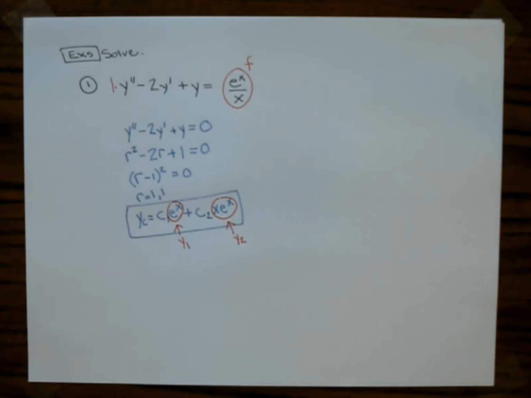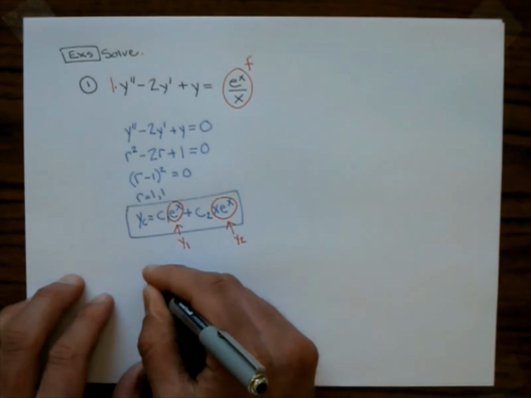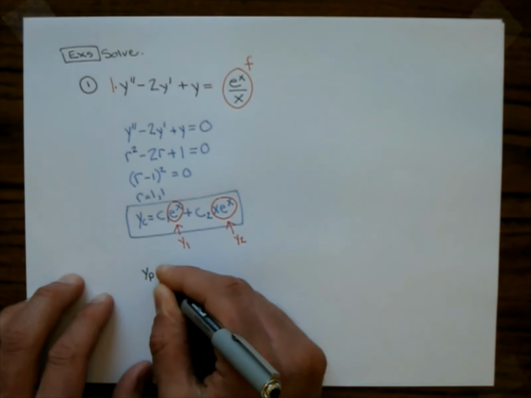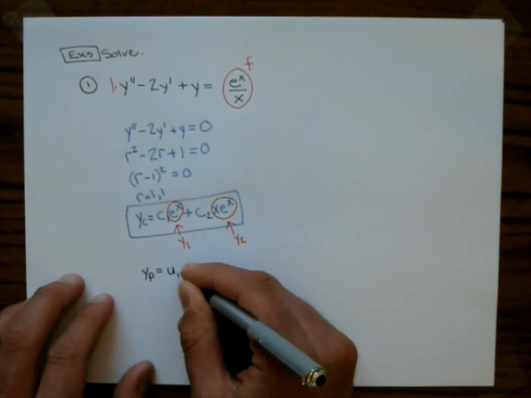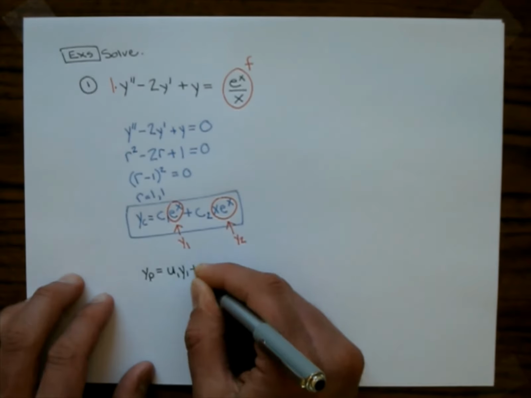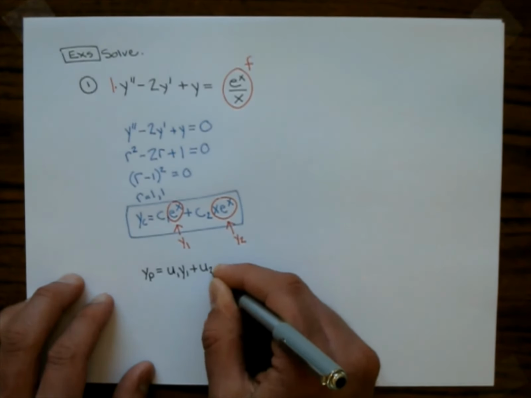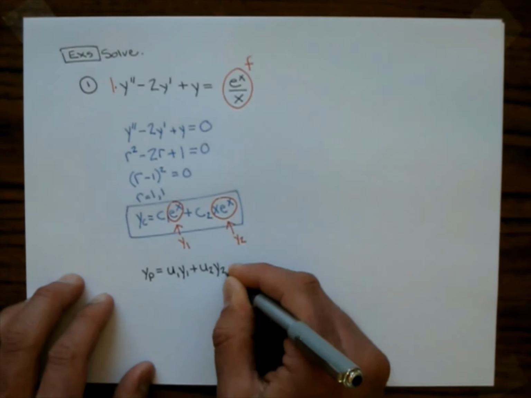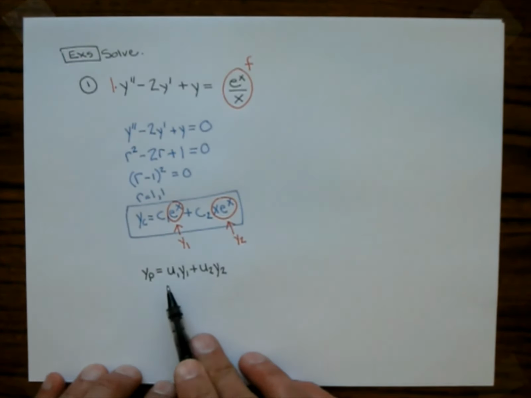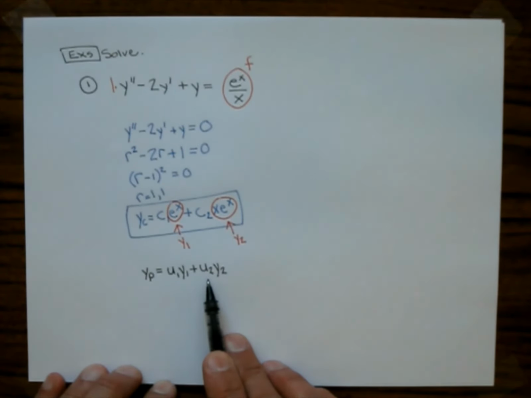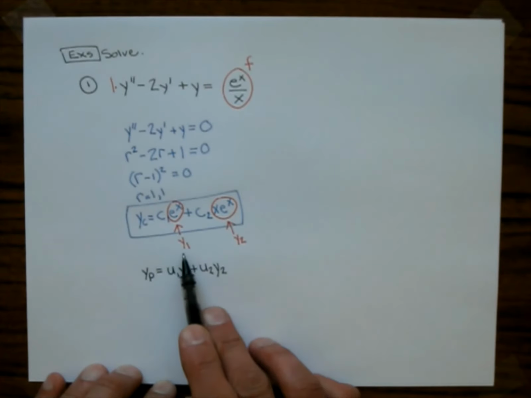We know that the other part, the trial solution, is going to look like u1 y1 plus u2 y2. So the rest of this problem is hunting for u1 and u2. Okay, so step 4 was to identify those guys.